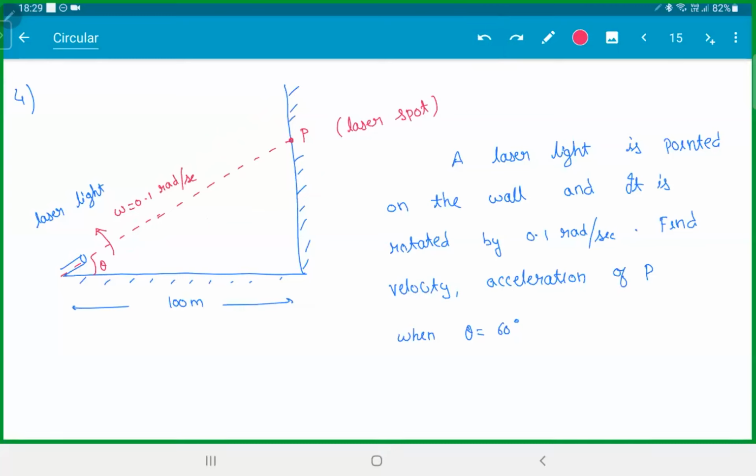Hope the question is clear. How do we do this? So you're shining a laser light onto a vertical wall at a distance of 100 meters. This laser light is rotated at a rate of 0.1 radian per second.